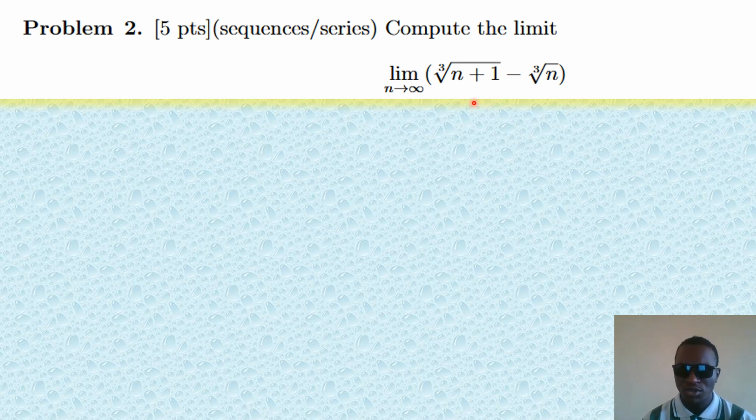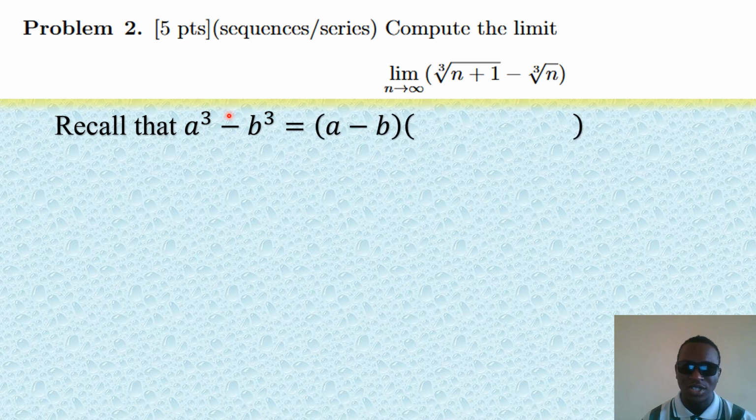Now, we have to simplify this, so we have to recall this identity, that the difference of 2 cubes, a and b, a cube minus b cube, is the same as a minus b multiplied by a squared plus ab plus b squared. This is a standard identity. So in that case, we will call this our a and this our b, right?